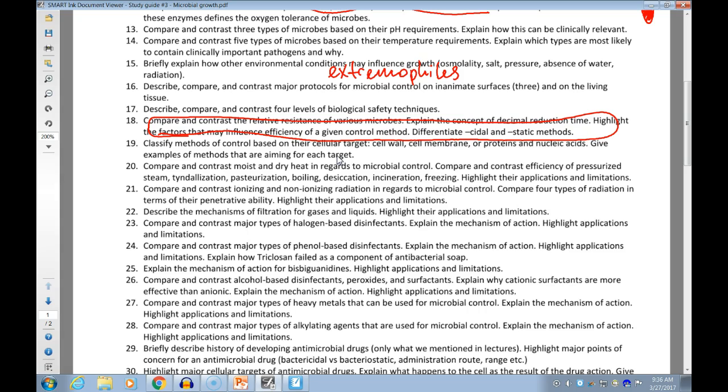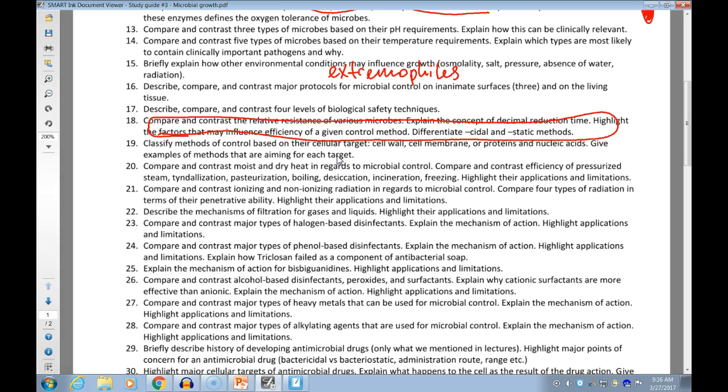It's a whole bunch, like phenols and ethanol, and they all can do that. Steam. Moist and dry heat. What I want you to remember is that table that I have on the slide. Moist and dry heat. Yeah, the big table with the temperature methods.